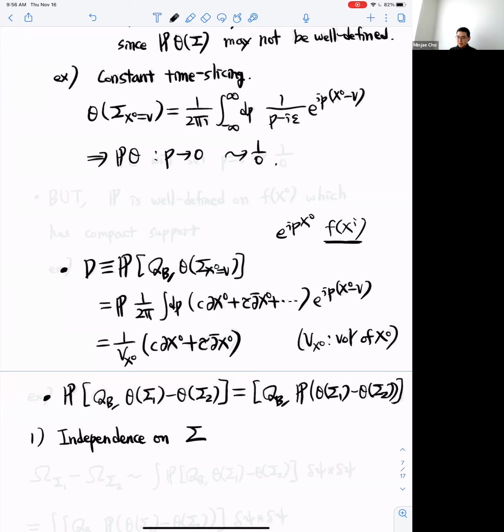So for us, it suffices to make sense of data for this constant time slicing. But I think in generic space-time, whether this operation is well defined or not, indeed I agree, it's unclear to me.